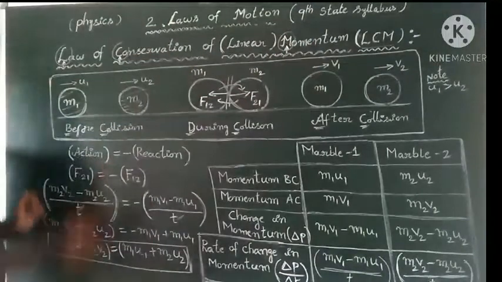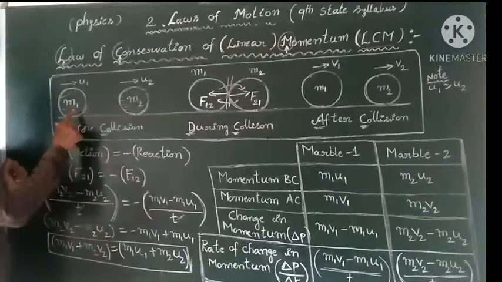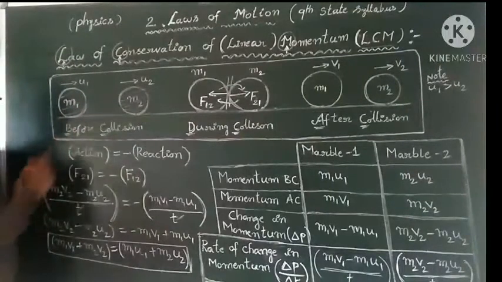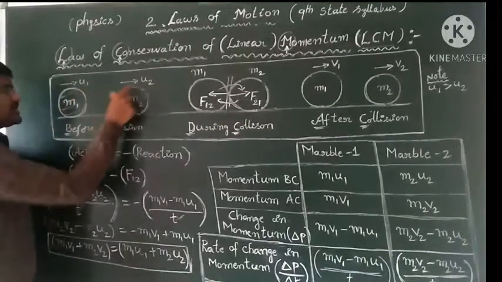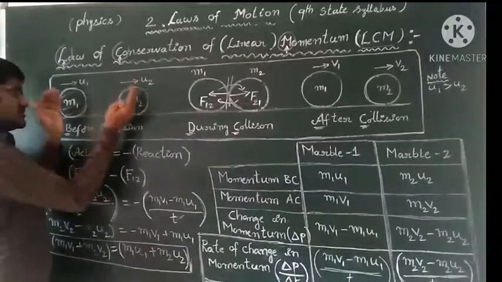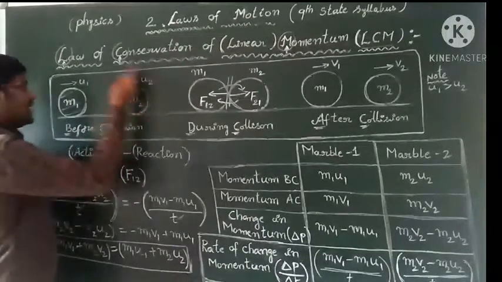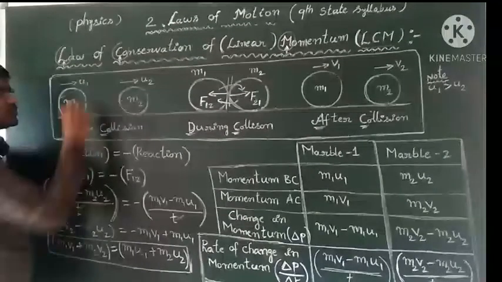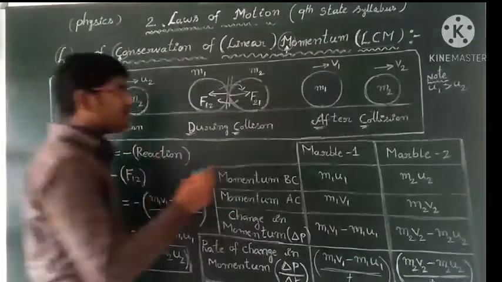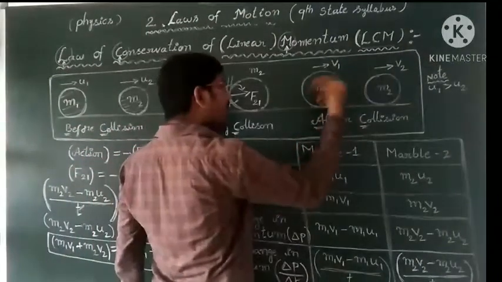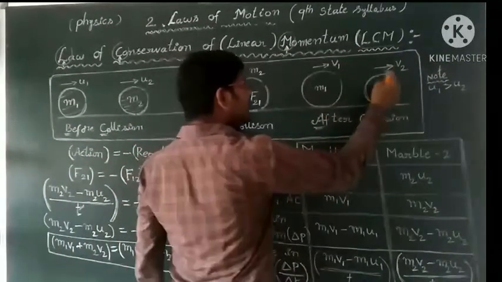Here the momentum of the system of two bodies, that is m1 u1 plus m2 u2, is just before the collision. The total momentum of the system is m1 u1 plus m2 u2, which is the same as the total momentum after the collision, m1 v1 plus m2 v2.